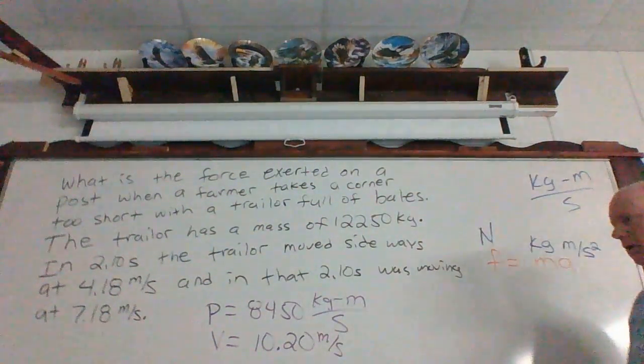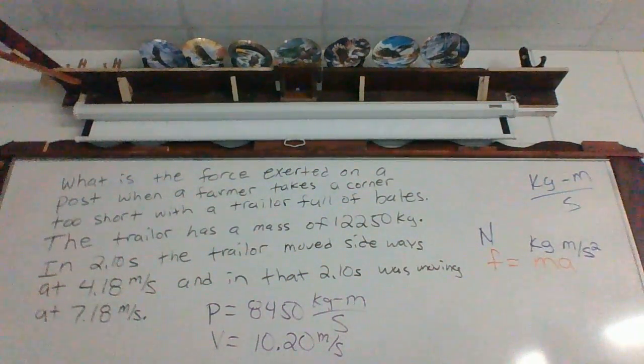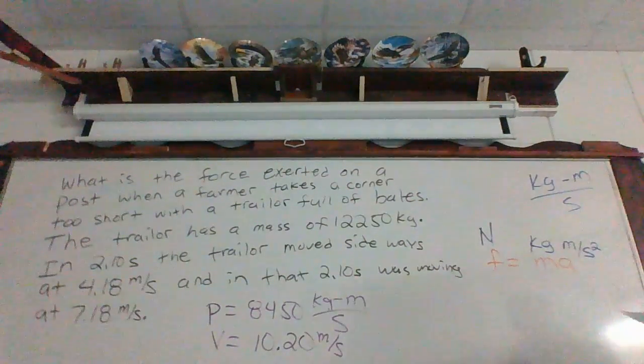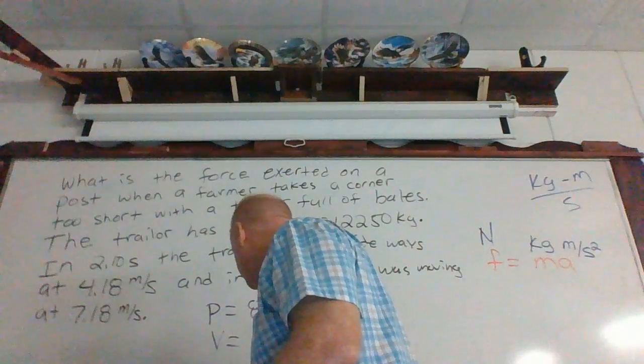We don't know if it is final or initial, but it goes on to ask, how fast was it moving initially? So it's talking about speed and initially, so that means we're looking for which variable? Okay, we're looking for the initial velocity.